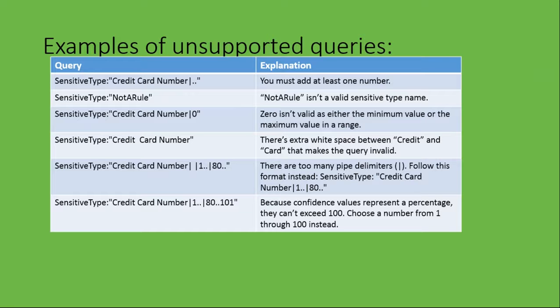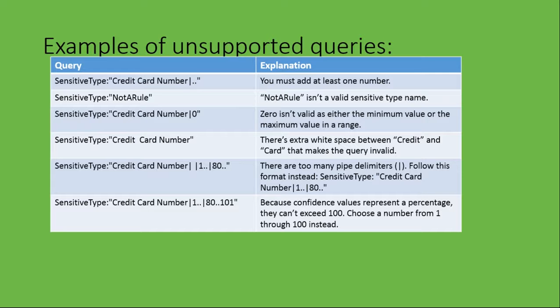So either min or max needs to be specified. In the second example, sensitive type is not a rule. Not a rule is not a valid sensitive type, so this is not a correct query. Then credit card number, pipe symbol 0. 0 is not a valid number. We cannot say show me the documents where there is no credit card number. That doesn't make sense.